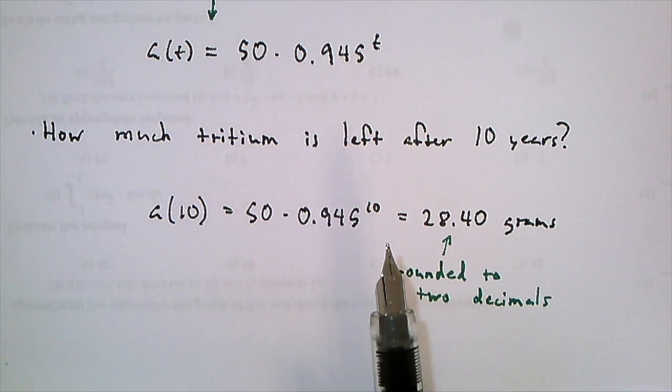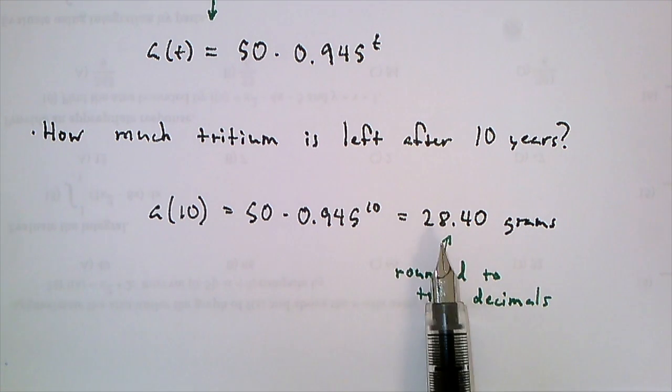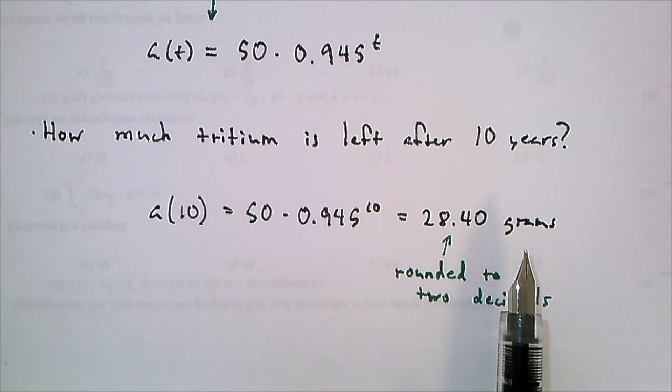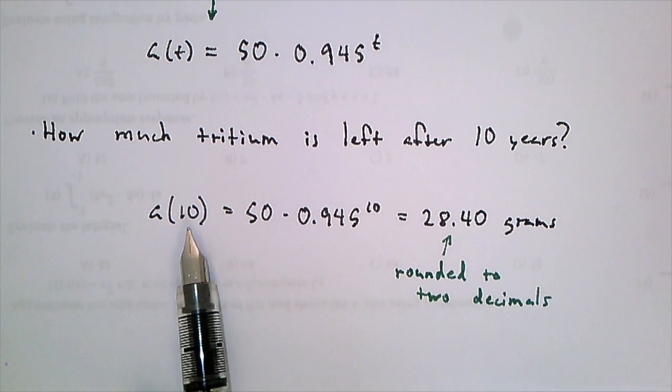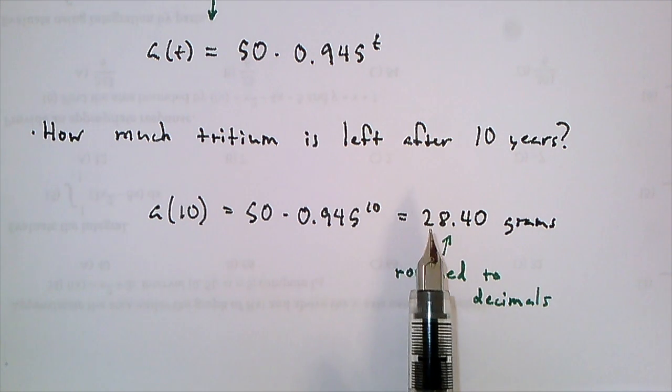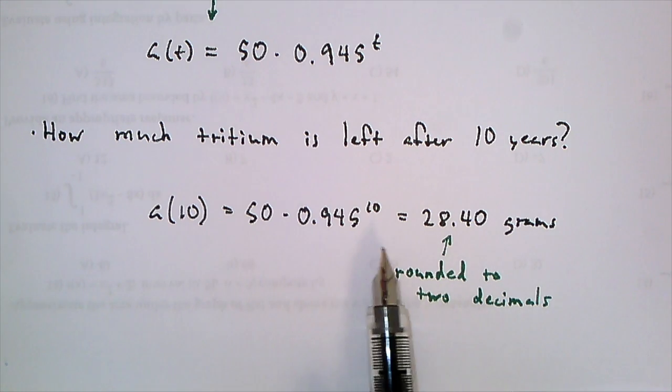You'll want to enter this formula into a calculator or your computer, and what you end up with is 28.40 grams. And this number has been rounded to 2 decimal places. So after 10 years, there's a little bit more than half of the initial amount of tritium remaining.